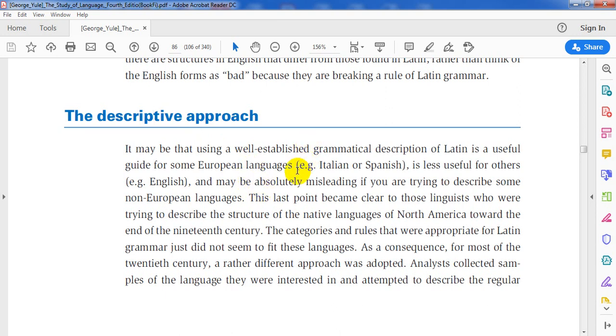Some rules go along with the rules of grammar in English. Some rules in Latin or Greek are applicable to English grammar, but other rules are not. Maybe Greek and Latin rules are applicable to Italian and Spanish, but not all the time to English.